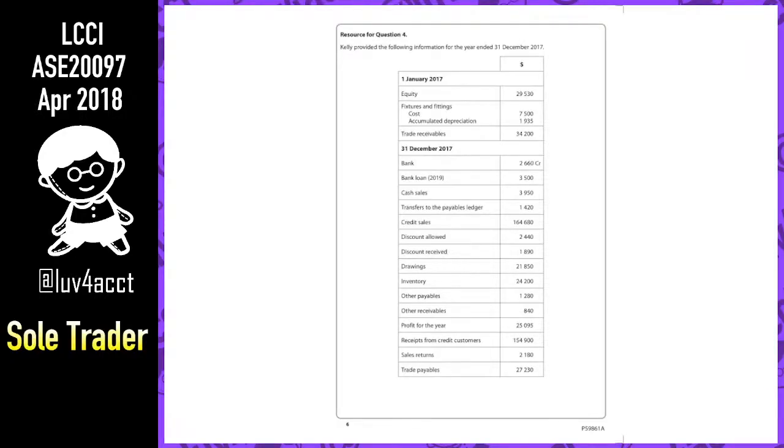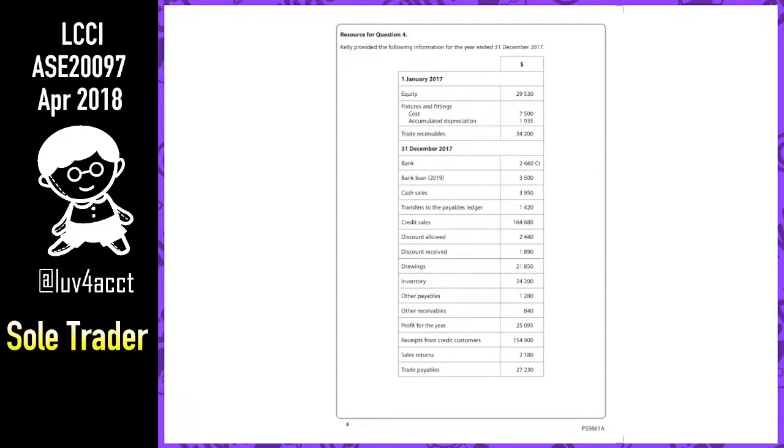Okay, so let us continue with this single entry item. Kelly provided the following information for the year ended 31st December 2017. The opening balances are given to you: equity, fixtures and fittings at cost and accumulated depreciation, and trade receivables.